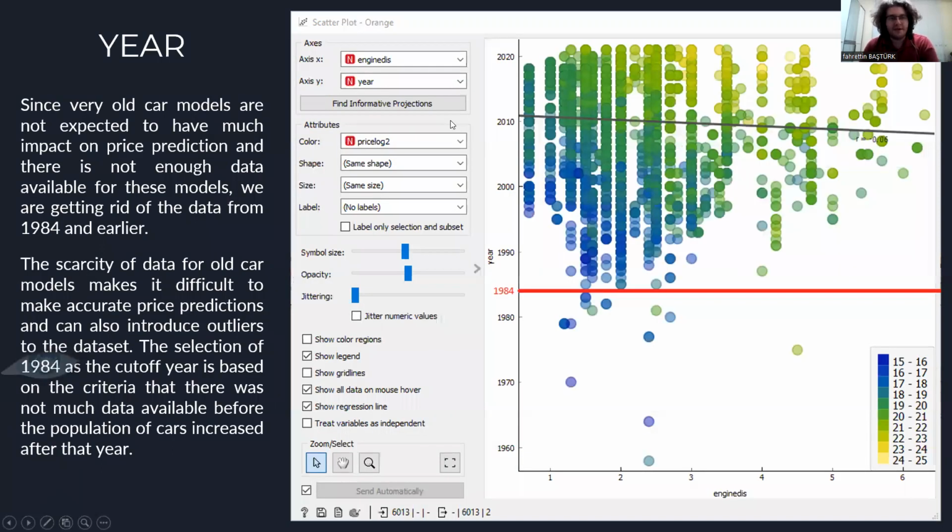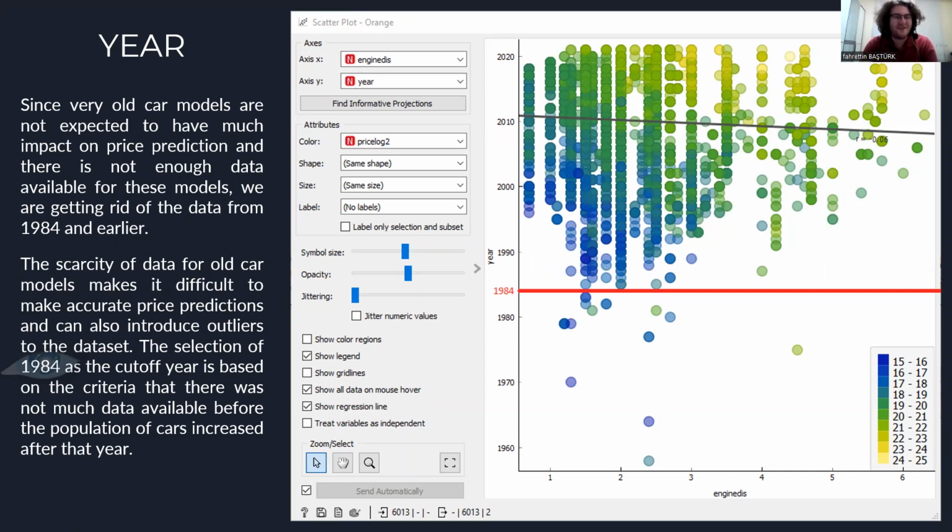In the filtering phase, we thought that there are some mistakes in our data when we try to use it. There are some parts, like this year in the presentation, written 1984.